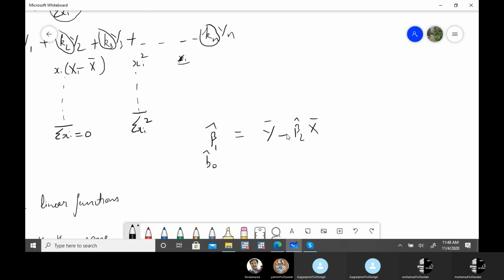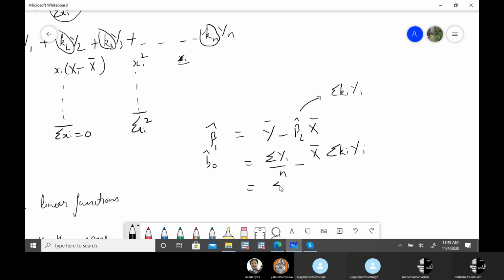Now put the values here. Y mean is summation y upon n, x mean, and beta 2 hat we proved is equivalent to summation ki yi. So just put those values here, summation ki yi.